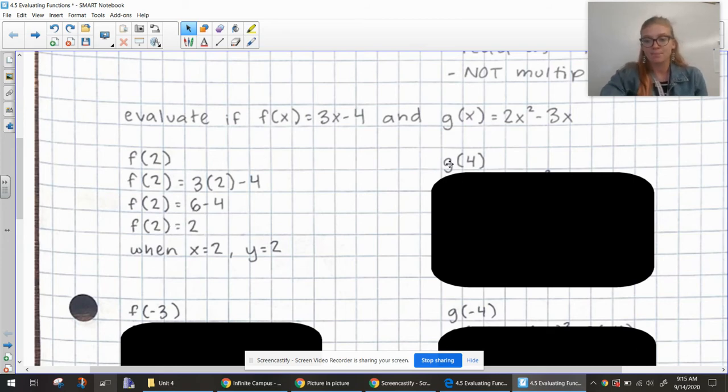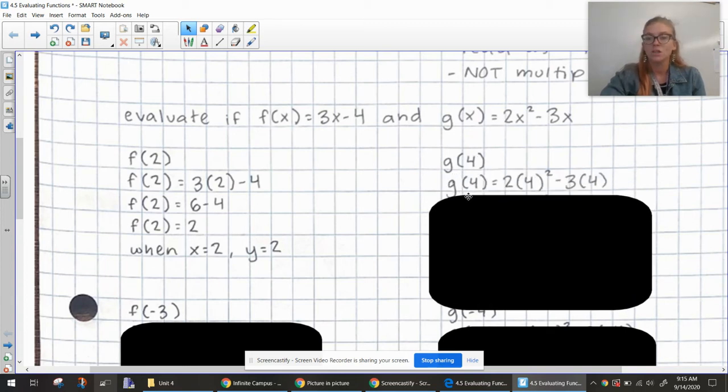Let's look at another example. In our next example, we have g of 4. So here we're going to take this g of x equals 2x squared minus 3x, and we're going to substitute in 4. G of 4 equals 2 times 4 squared minus 3 times 4. I took this function and I substituted in 4. Now we'll use order of operations.